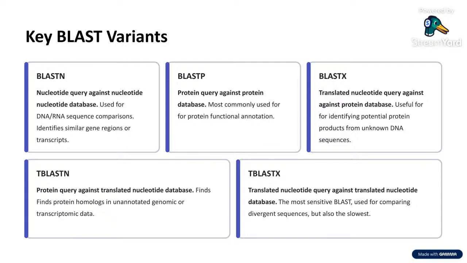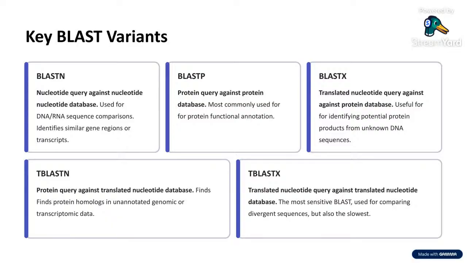Next, BLASTX. BLASTX is unique. It takes a nucleotide query, translates it into all six possible protein reading frames, and searches a protein database. TBLASTN is the reverse: you put in a protein and the database is translated from nucleotide. Then we discuss TBLASTX, which is more sensitive.